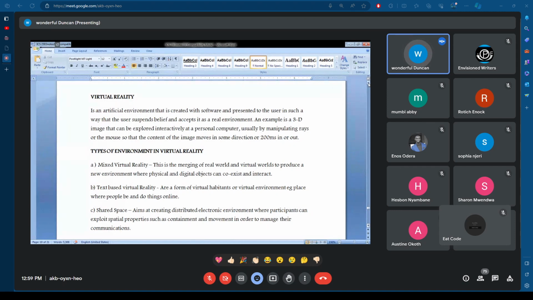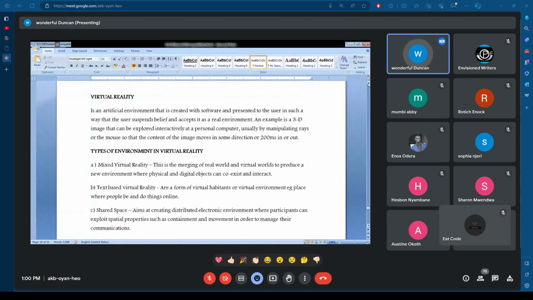So what we mean by virtual reality, we are saying that, like the way we have a virtual class. This is virtual, and even though I don't have that facility, we still hold class, we write, even when I write on the board you see me writing like that. So whatever we can achieve in this virtual class, whatever we can do in the physical class, we can still do in the virtual class.